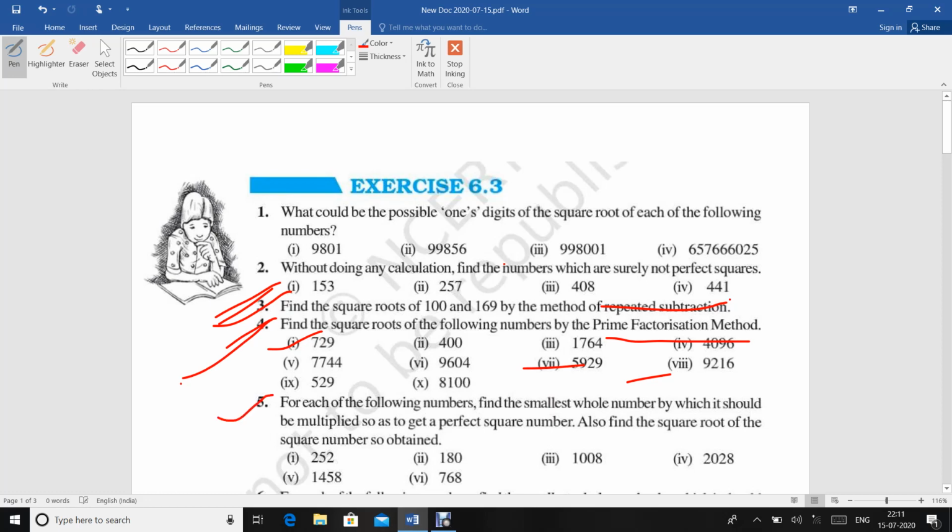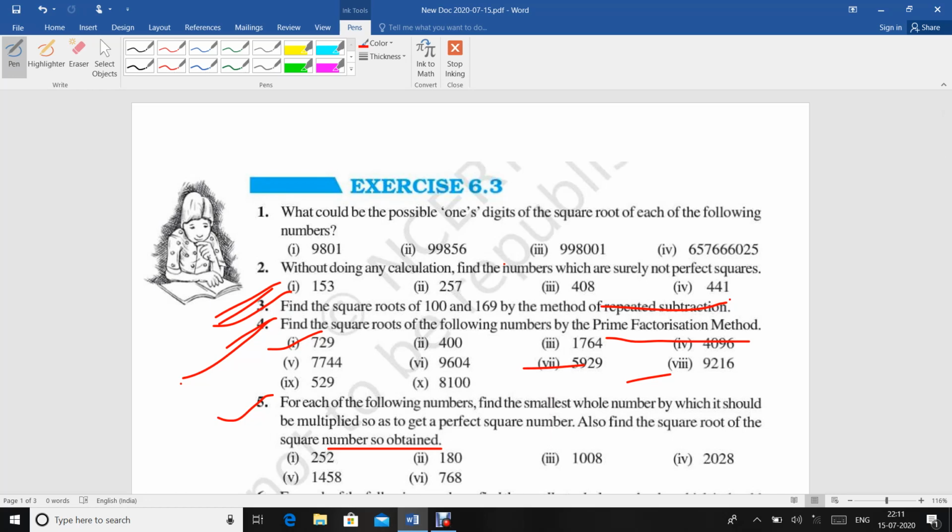Question number 5 is: for each of the following numbers, find the smallest whole number by which it should be multiplied so as to get a perfect square number. Also find the square root of the square number so obtained. Means firstly you have to find the square root by the prime factorization method.